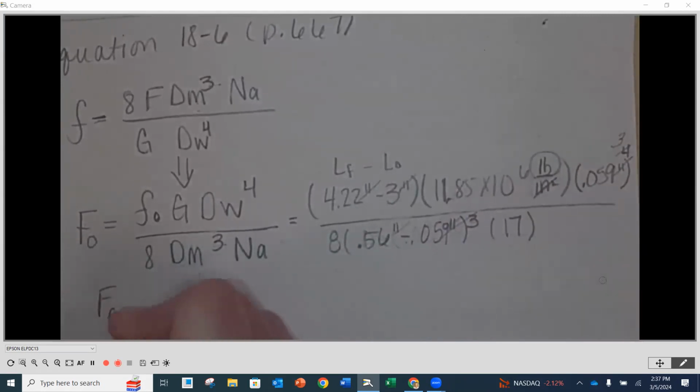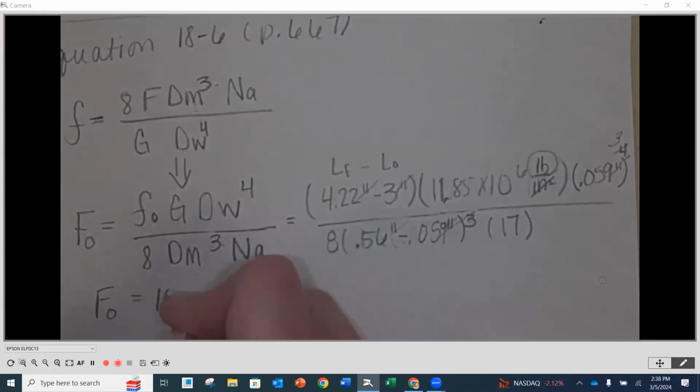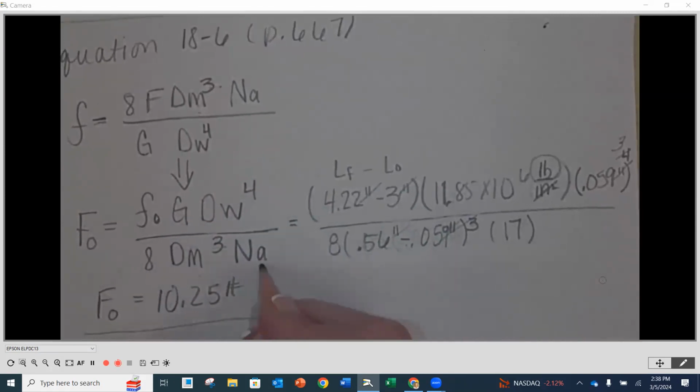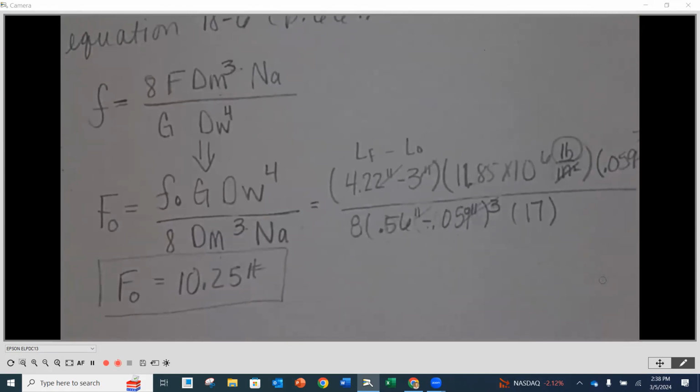So my force operating by going through that, if you want to, you can double check me, please. It's probably a good idea. You should get 10.25 pounds. 10.25 pounds. Did anybody confirm that number? Yeah, you did. Okay.